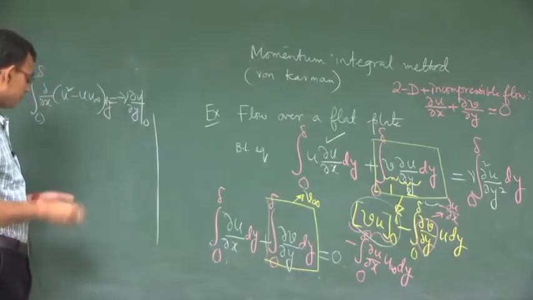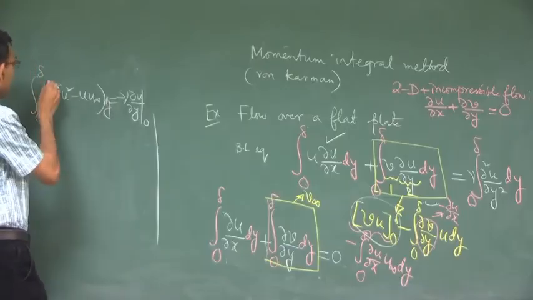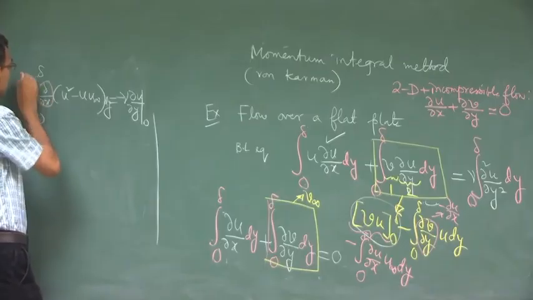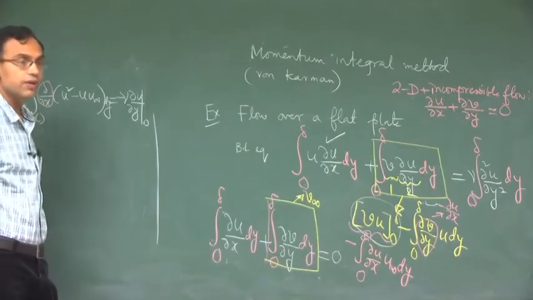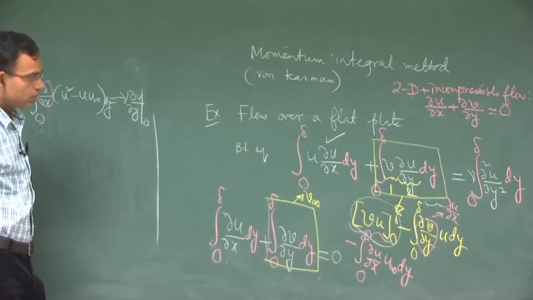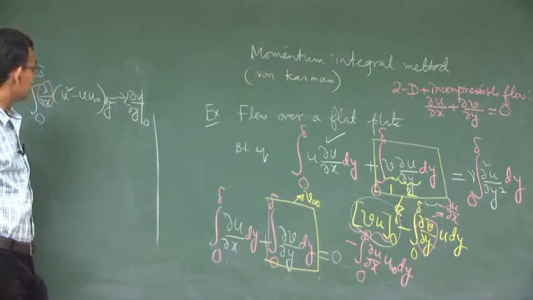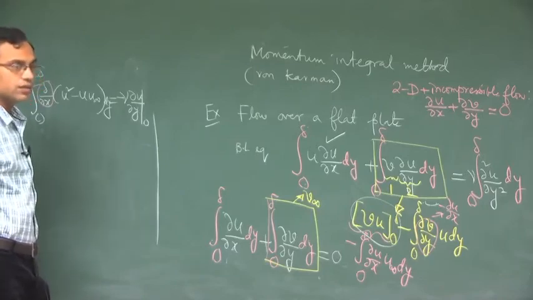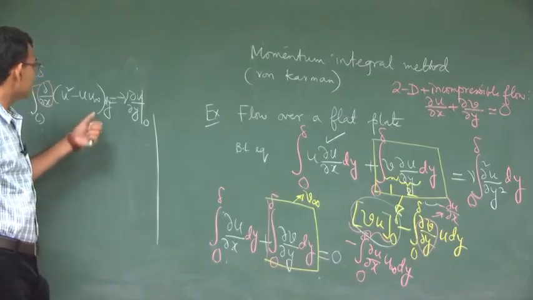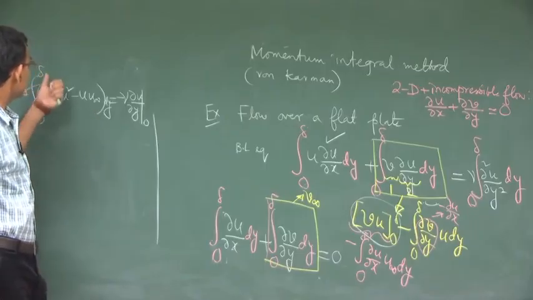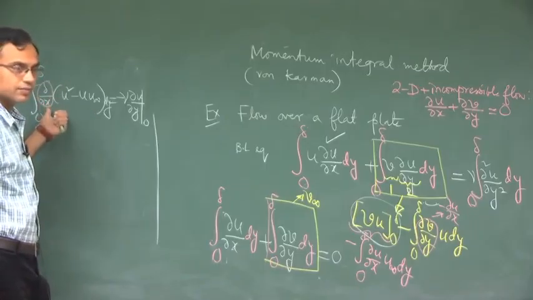Now, the next important question, can we bring this out of the derivative? Well, in general not. Why? Because this delta itself is a function of x.